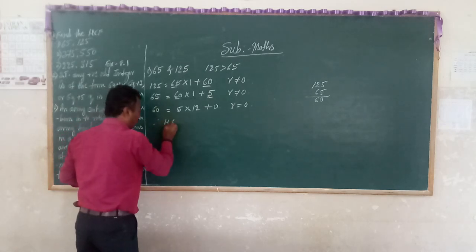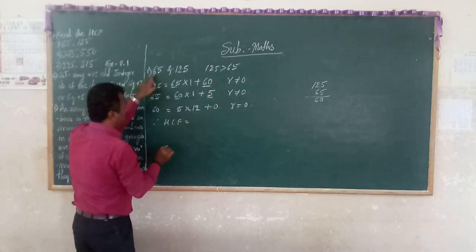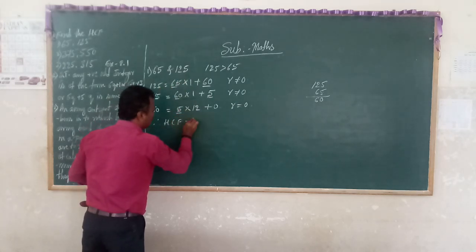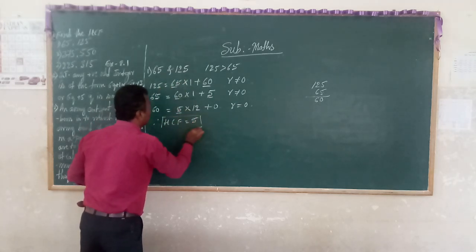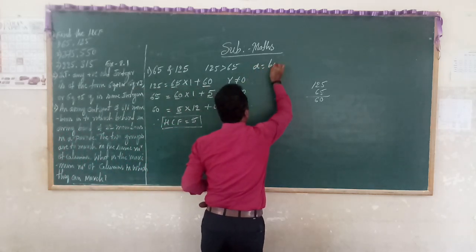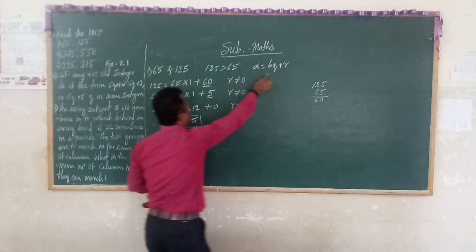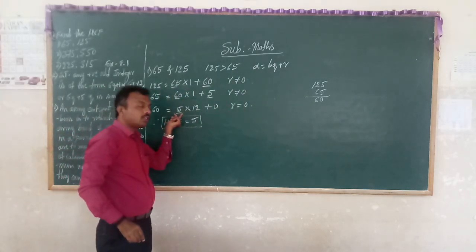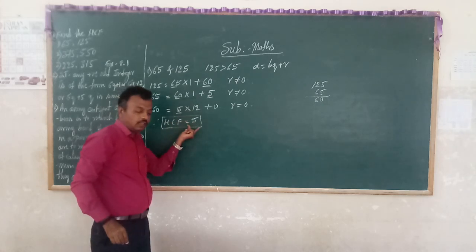Therefore the HCF of 65 and 125 is the last divisor, which is 5. This format is in the form A is equal to BQ plus R. The last value of B is the HCF.